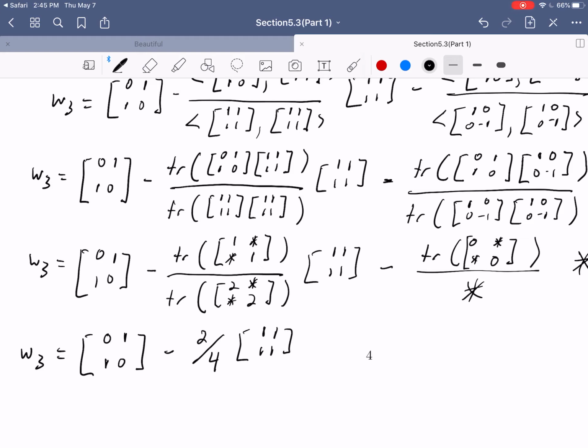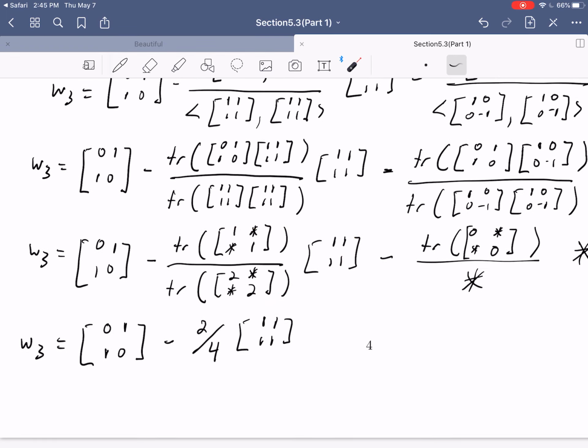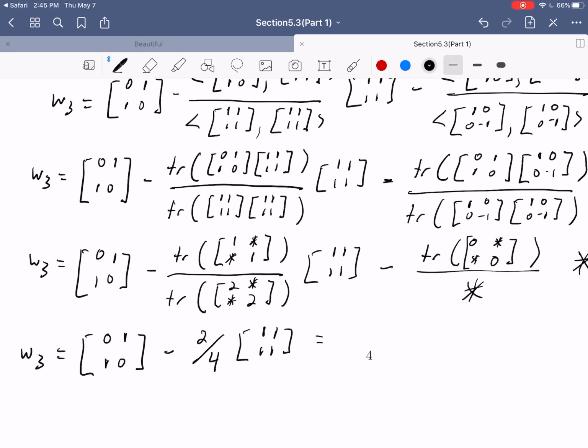All right, this whole thing drops out, telling us that actually V3 was already orthogonal to W2, so we just need to remove the component that relates to W1. And if we do that, it looks like we should get minus 1/2, 1/2, 1/2, minus 1/2.